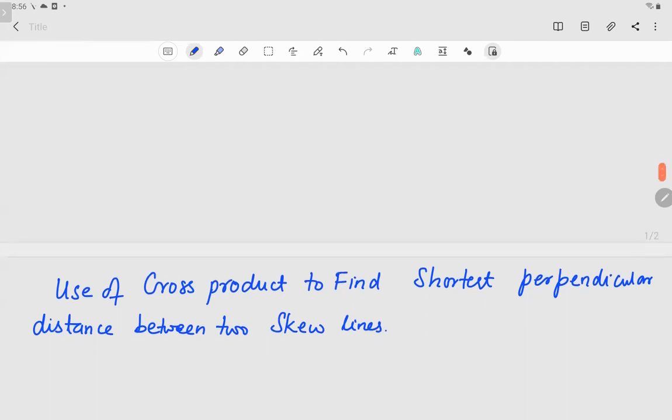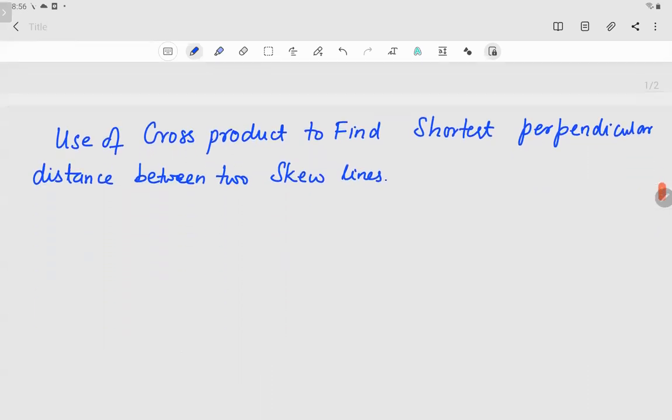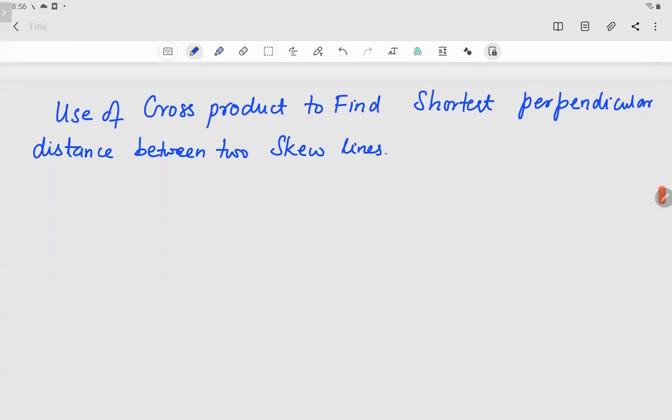Use of cross product to find shortest perpendicular distance between two skew lines. Okay. But I will explain it in a stepwise manner.